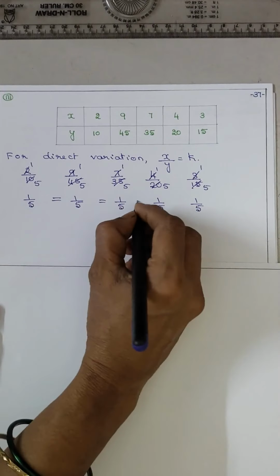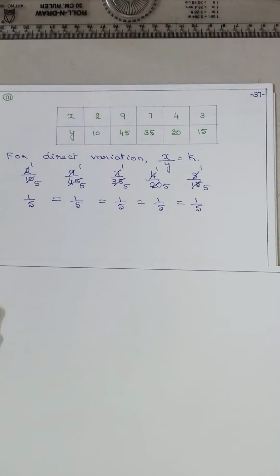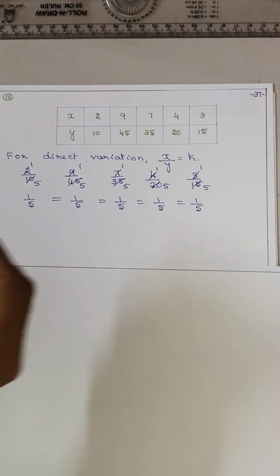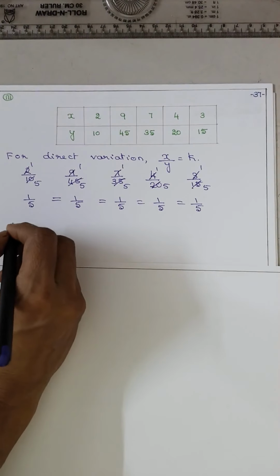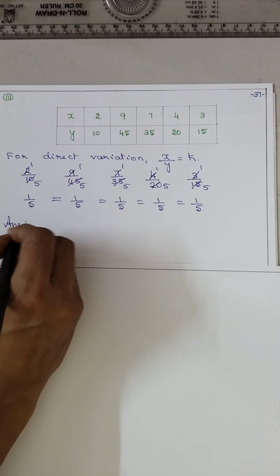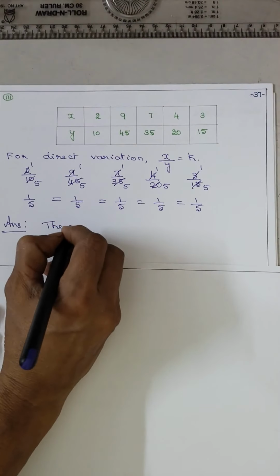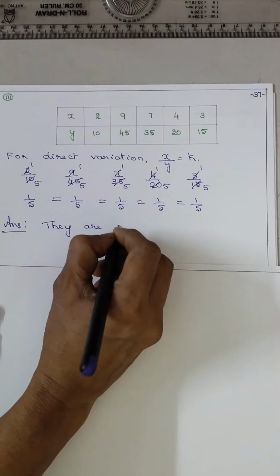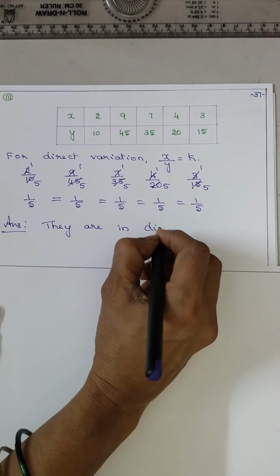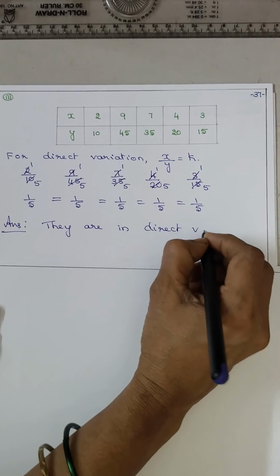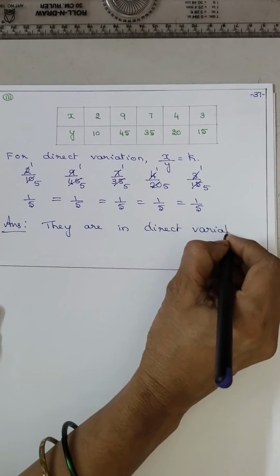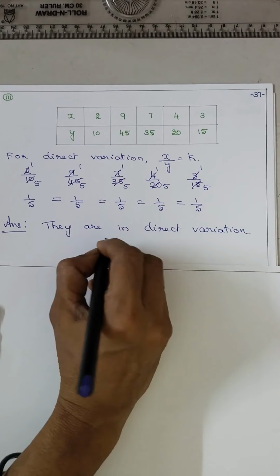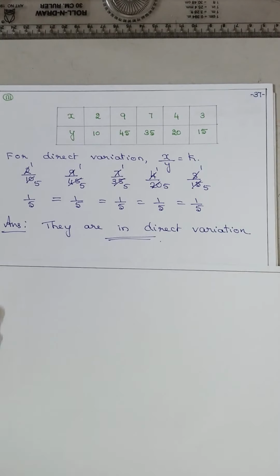All are equal. So in the first step only you got. So you will write answer, they are in direct variation. Is it clear? So this was second question to see whether in direct or inverse variation.